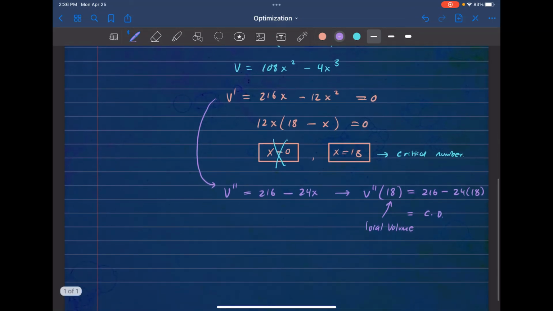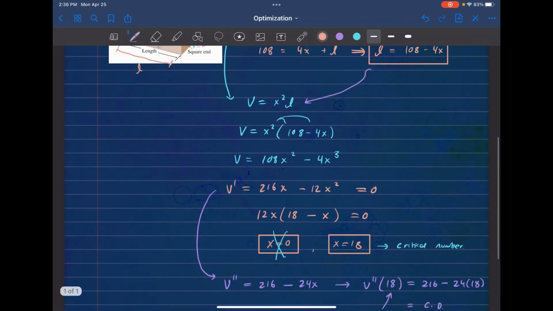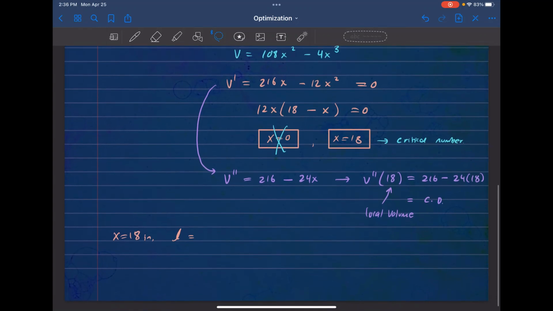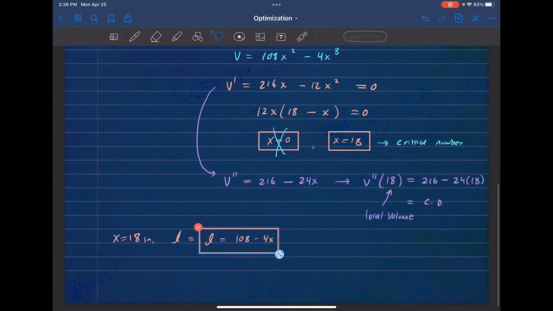So we know that if x is equal to 18 inches, then what does the length have to be? Right here, we see that L is this formula. We were able to solve for it at the beginning of this problem. So I'm just going to put that right here. So if L is equal to that, plug in 18 for x.